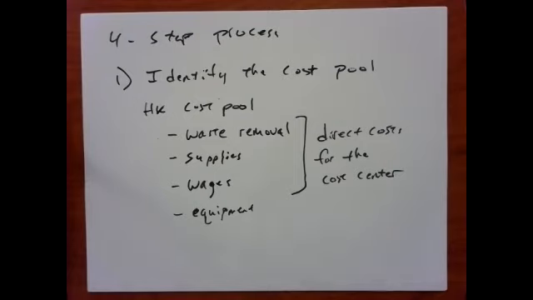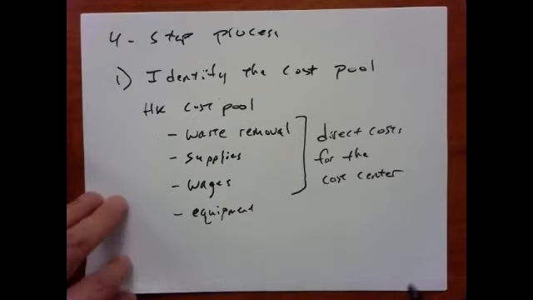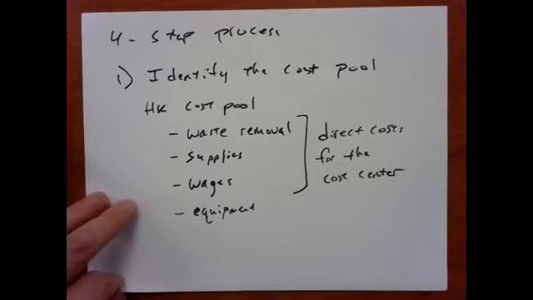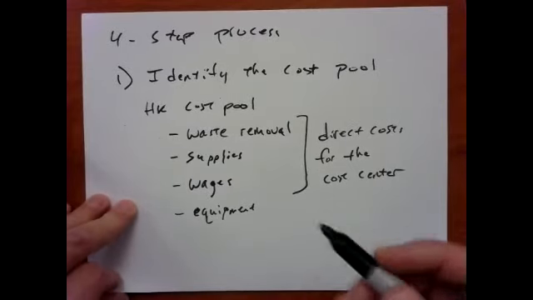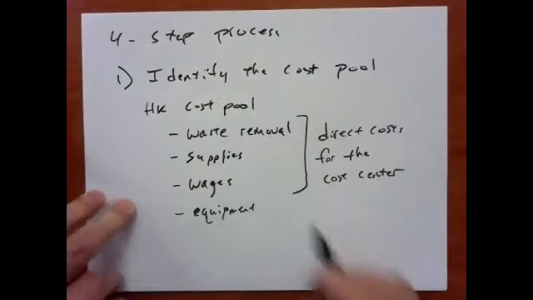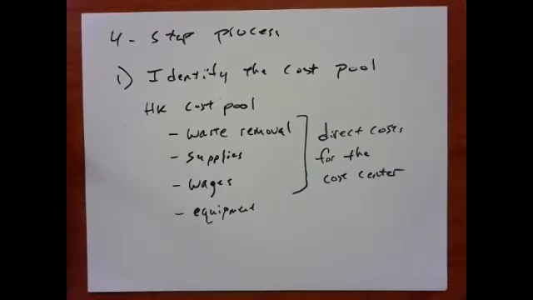So you identify the cost pools, right? You have direct costs of the cost center. So all of the budgeted costs that go into housekeeping become the cost pool for housekeeping. If this was IT, you'd have the wages of all your technicians, right? You would probably stick into the IT cost pool the Office 365 cost for the organization, right?